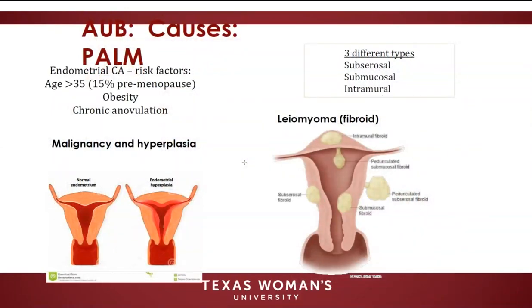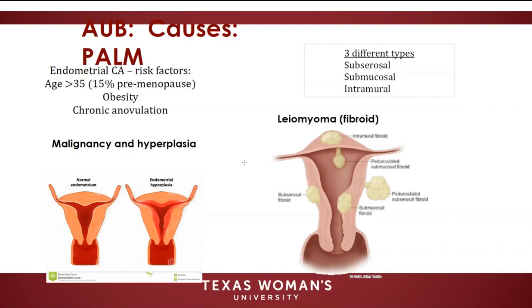The other one is on the right. So again, these are fibroids. You can see from that image the different types of fibroid. You have the subserosal, so that is inside the serous layer of the uterus, that external wall. You can have the submucosal, which is between the uterine lining and the mucosal tissue, that interior lining of the uterus.